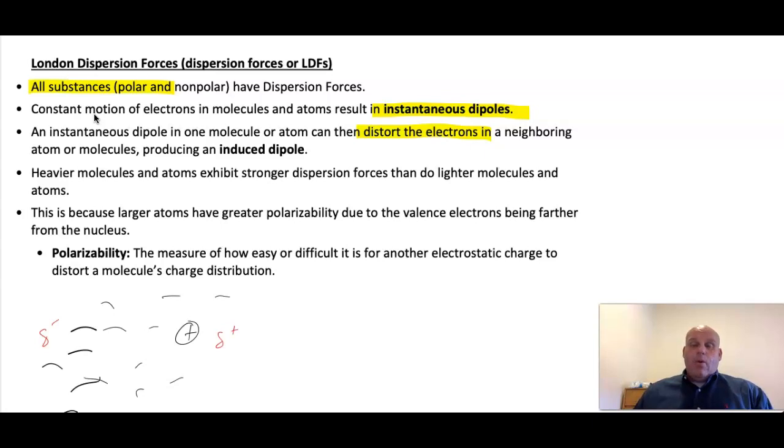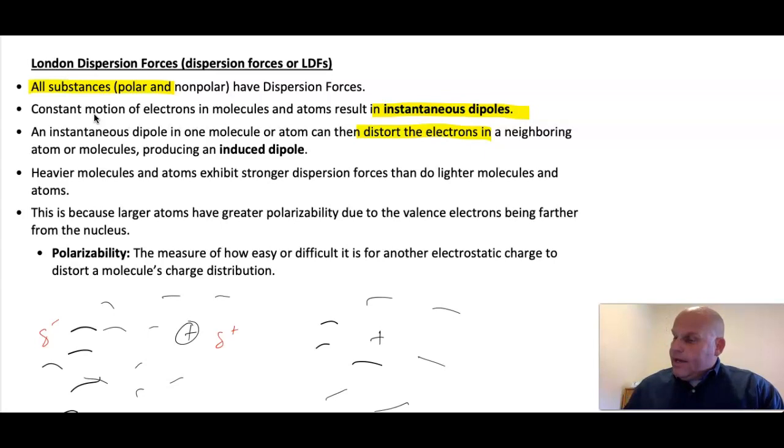We get that dipole. But it's not going to stay like that. Those electrons are going to reconfigure and balance back out. That's why we refer to it as an instantaneous dipole. Well, if there's an instantaneous dipole happening in this atom or molecule, then what could potentially happen is we could get an induced dipole in a nearby atom, right?